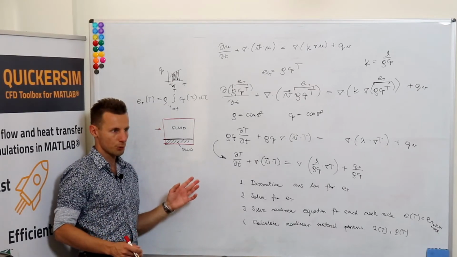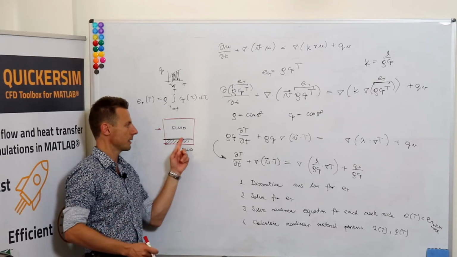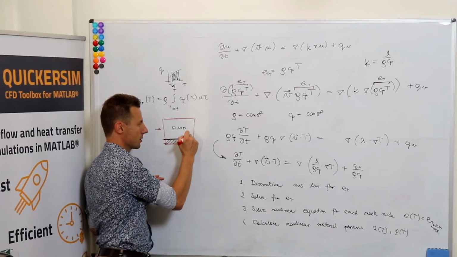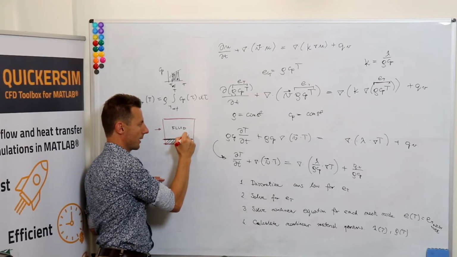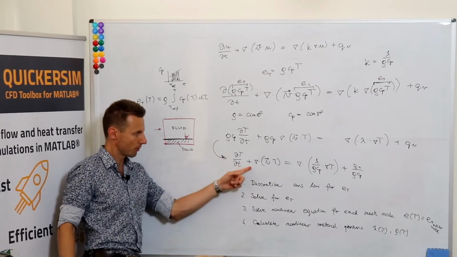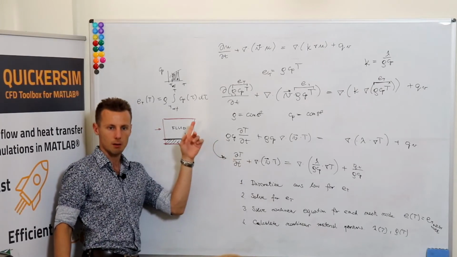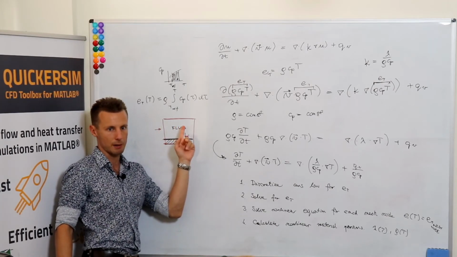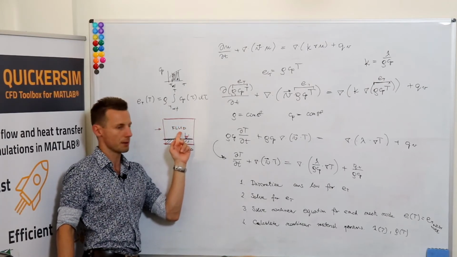And what do the heat transfer coefficients at the interface come from? They come from the solution of the boundary layer. So basically from the solution of the Navier-Stokes equations that you will be solving to account for the fluid flow here in this subdomain.